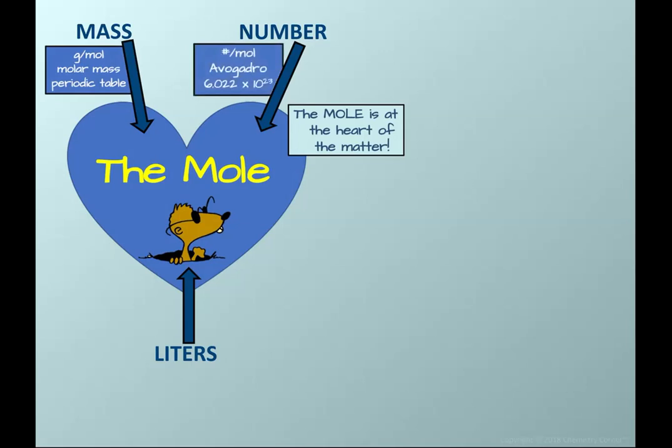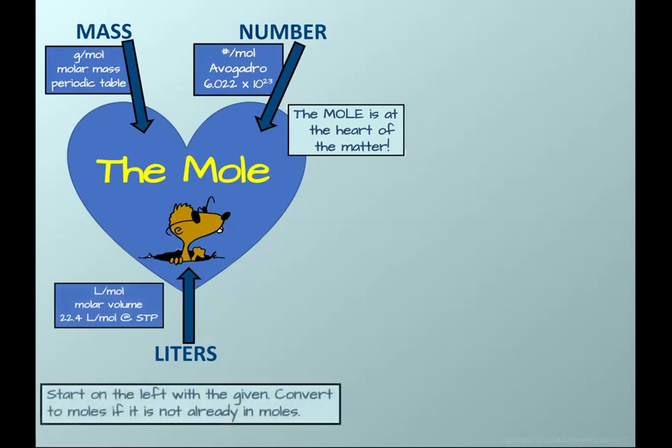That would be like the number of atoms or the number of molecules or the number of particles or the number of formula units, number of anything except for liters, and that you're going to use 22.4. Remember, the mole is the heart of the matter. Everything goes through the mole. You start at the left with what you're given, and you convert to moles if it's not already in moles, and then you keep going.